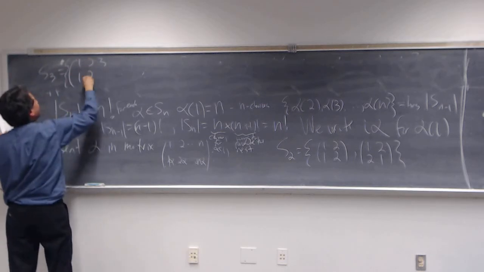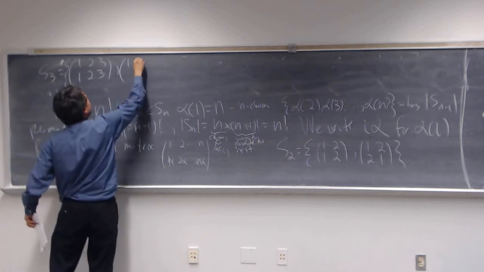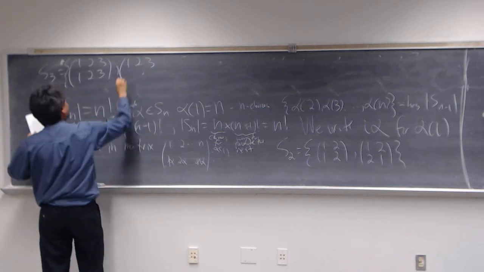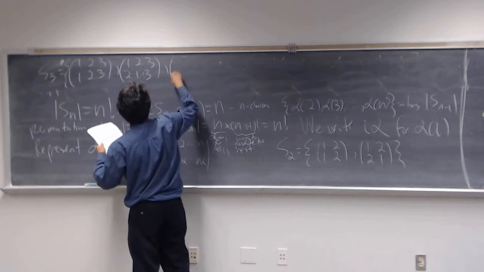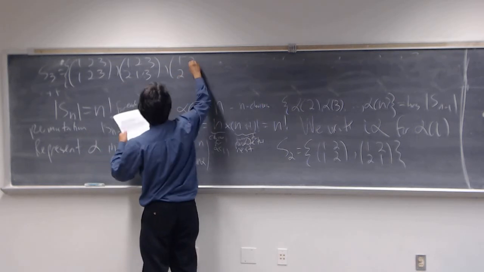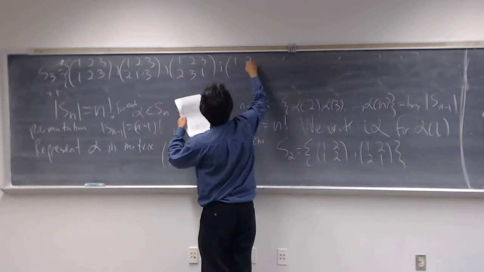S3. As always, we have the identity permutation. We could also map 1 to 2, 2 to 1, and keep 3 the same. We could map 1 to 2, map 2 to 3, and 3 would have to go to 1.